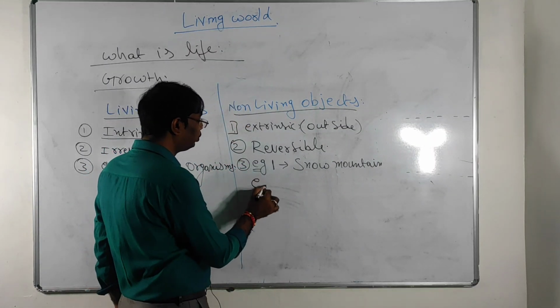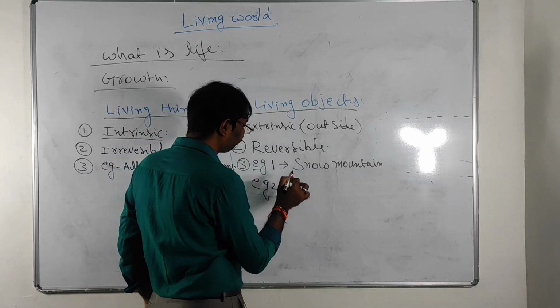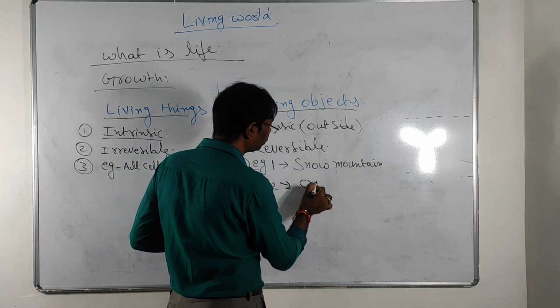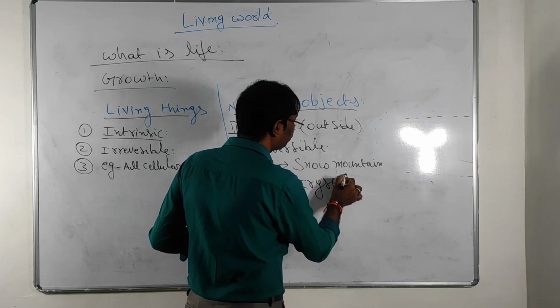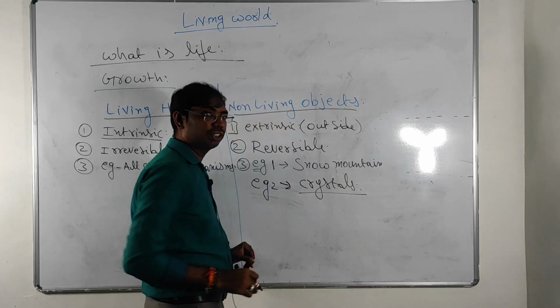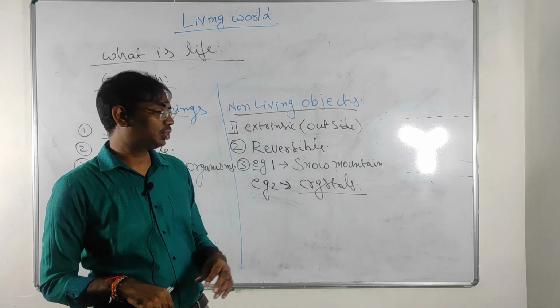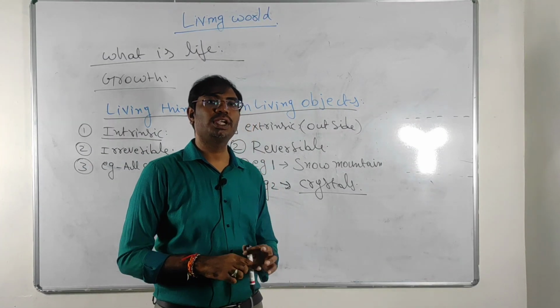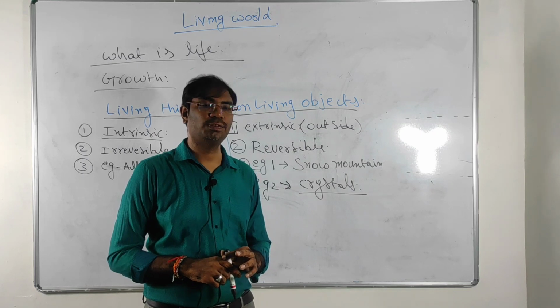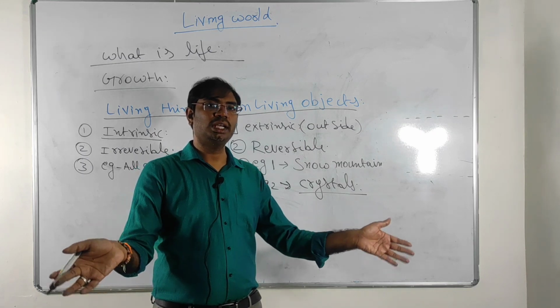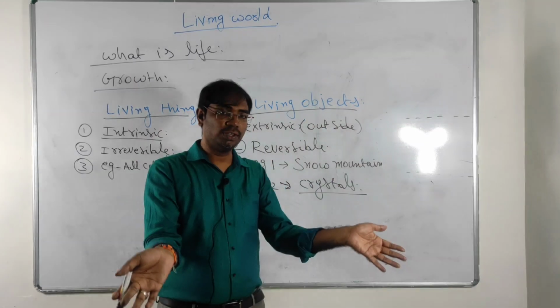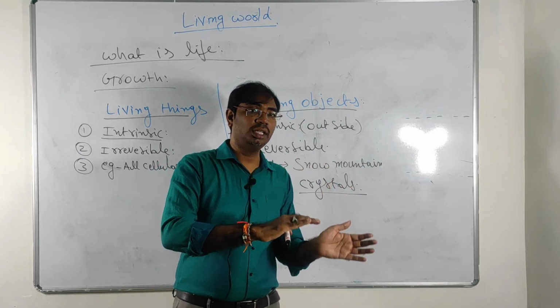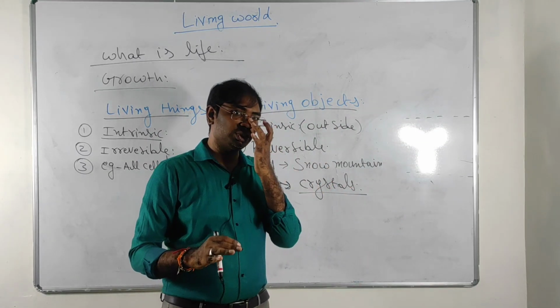Example number 2 I will give is crystals. Suppose calcium carbonate crystals are created on the mountains. The crystals increase their size because of accumulation of materials on their surface. As more calcium carbonate accumulates on the surface, the crystal becomes a big crystal.